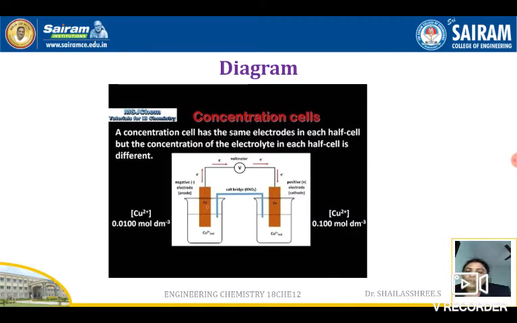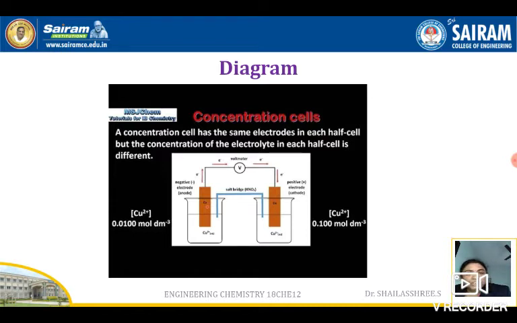Here the concentration cell diagram will be like this. Two copper electrodes are shown here, dipped in solutions of 0.01 normal and 0.1 normal. See, the concentrations of the solutions are different. Until the concentrations are different, there will be a movement of electrons from anode to cathode.